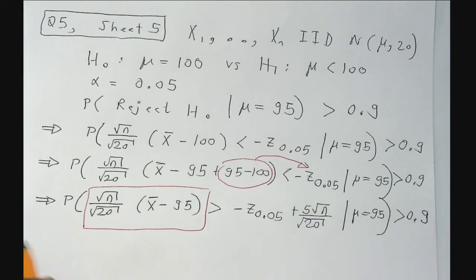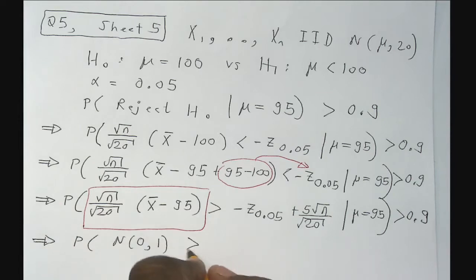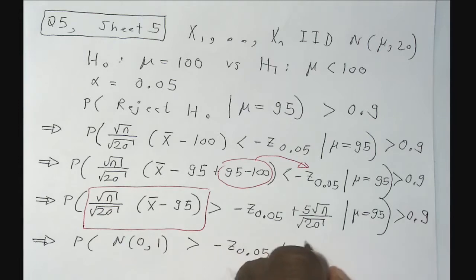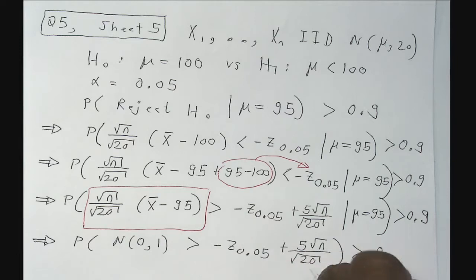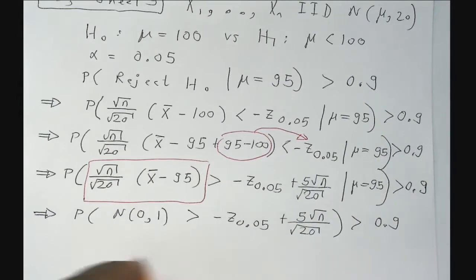So what you have here, guys, is the probability that a standard normal variable is greater than... Sorry guys, what did I do?